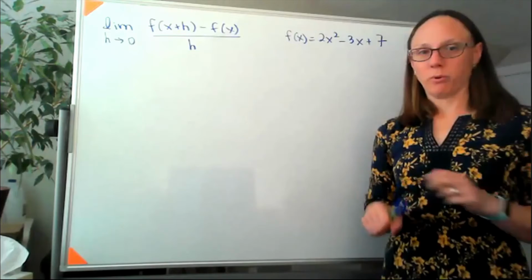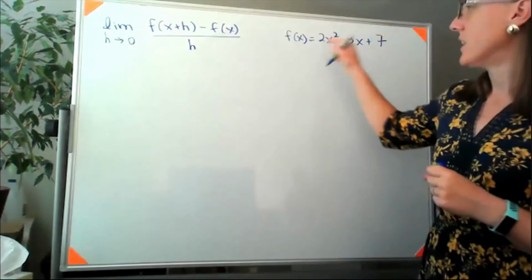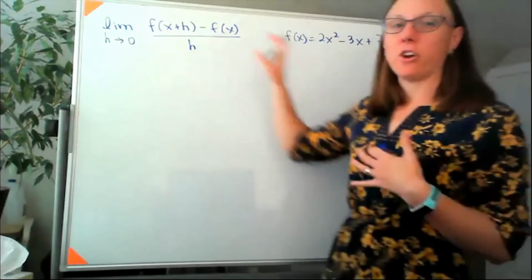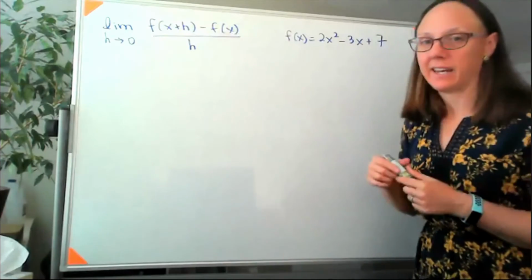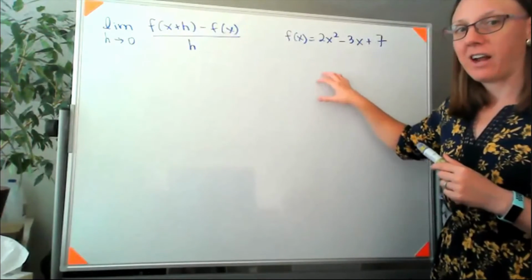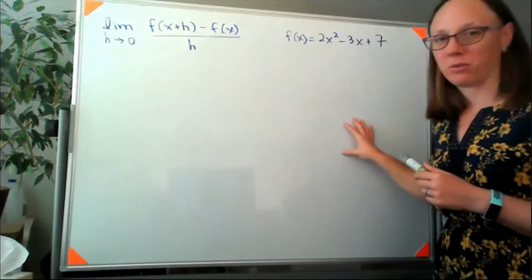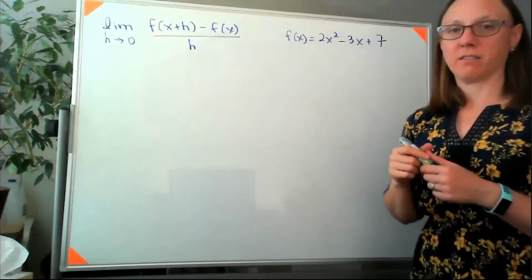We can handle the algebra. So what I do want to do, because I know how messy this algebra is going to get, on the side over here, I'm going to work out what f of x plus h is and simplify it before I plug it into the formula.